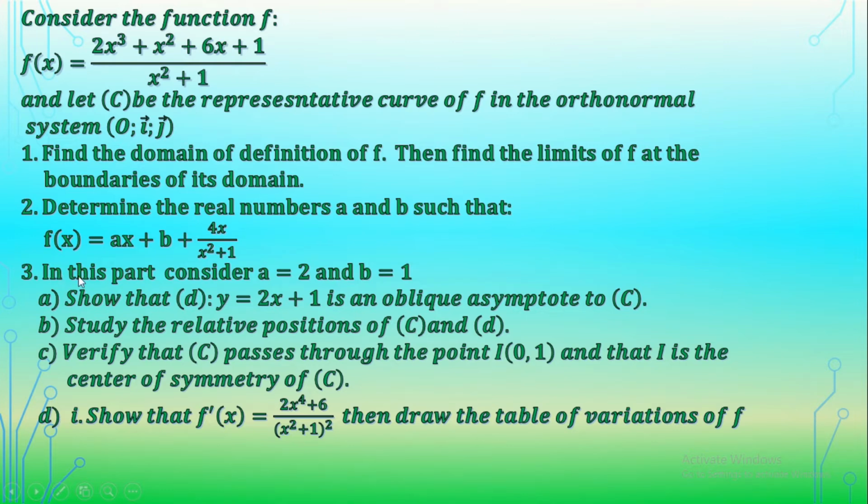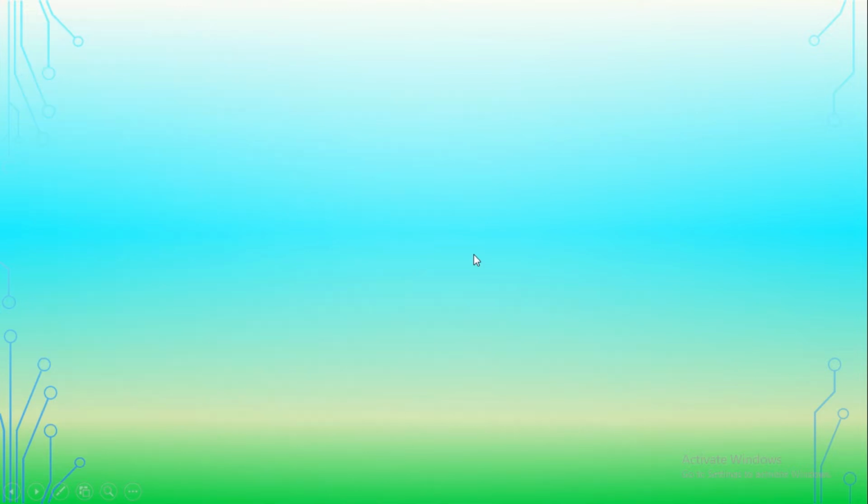Now let's continue. In this part, consider a equals 2 and b equals 1. Now show that the straight line D of equation y equals 2x plus 1 is an oblique asymptote to C. In order to prove that a straight line is an oblique asymptote to any function, we need to show that the limit as x tends to plus or minus infinity of f of x minus y, the equation of this straight line, is equal to 0.